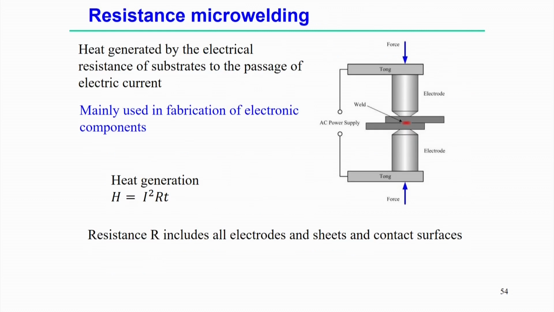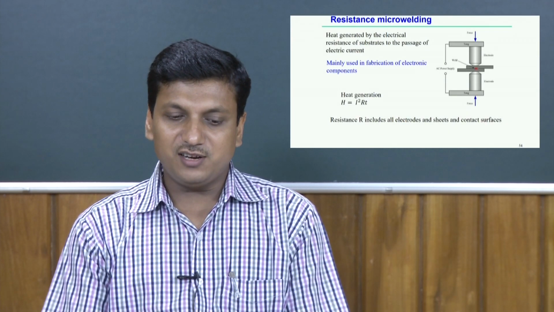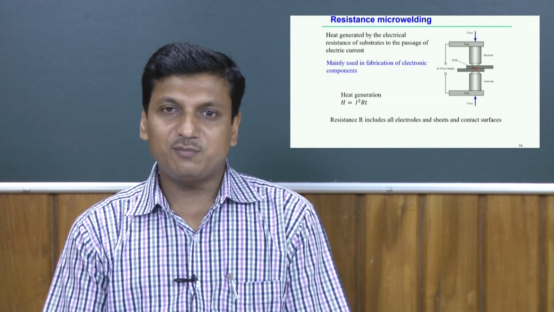Now, if we look into resistance micro welding, the heat is generated by the electrical resistance of a substance to the passage of electric current. This is the same principle as conventional resistance welding processes, where the heat generation is due to the resistance that exists with the passage of the current.